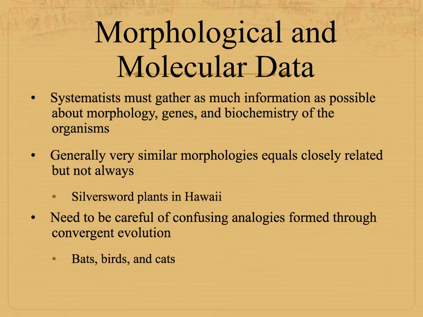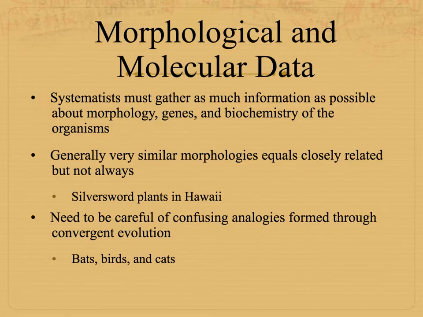Silver sword plants can either be tall and very twiggy, or dense and ground hugging. Despite that phenotypic difference, the genes are actually very similar in those two types of silver sword plants. So we would say that those are closely related, even though their morphologies aren't exactly the same.